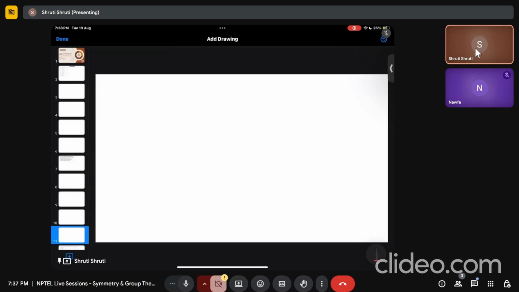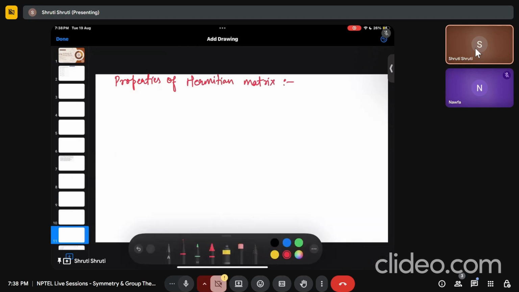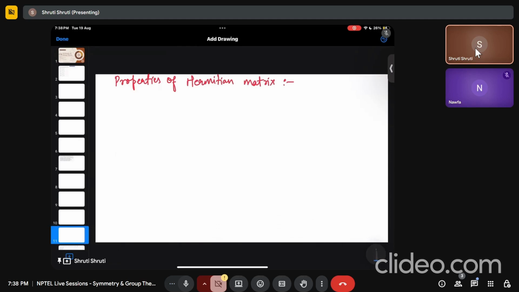Also there are some properties for a Hermitian matrix. The first one which I told, that diagonal elements are real.